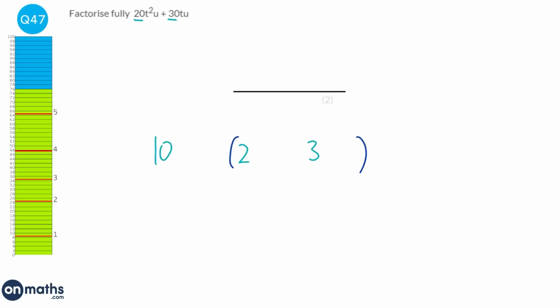So that's the numbers done. Next I'm looking at the t terms. So we've got t squared there and a t there. So we can divide out a t, but that will leave a t on the first term. And finally I'm going to look at the u, and there's just a u on both of them I can factorise out, and actually that just leaves nothing on the inside of the bracket.